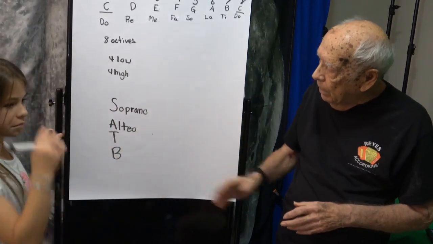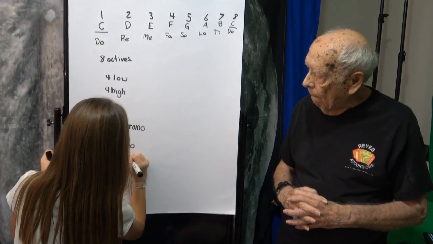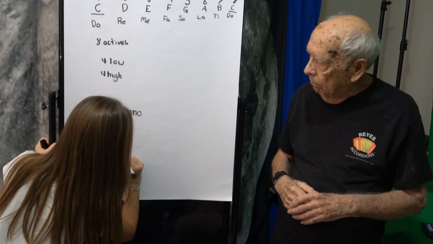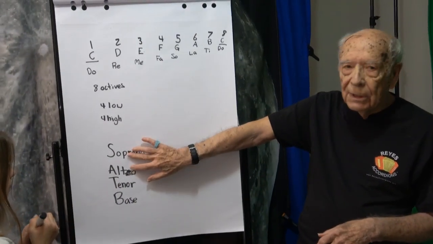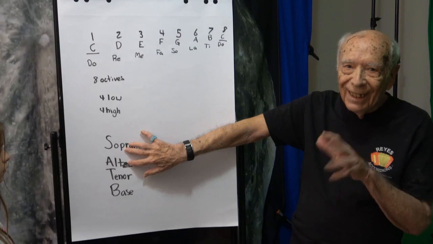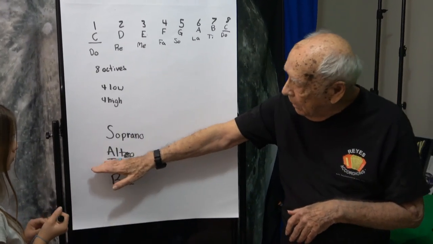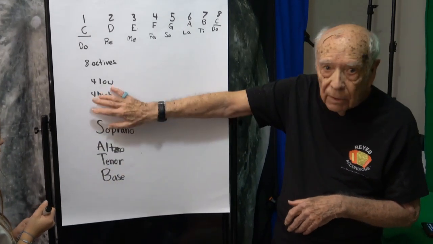Tenor, T-E-N-O-R. And bass. So people know more or less this is probably alto, very high, very low. Middle C probably right about here. 4 octaves down here, 4 octaves up here.